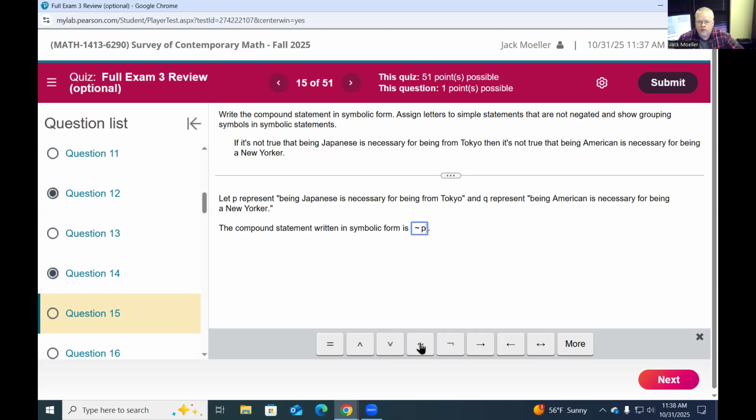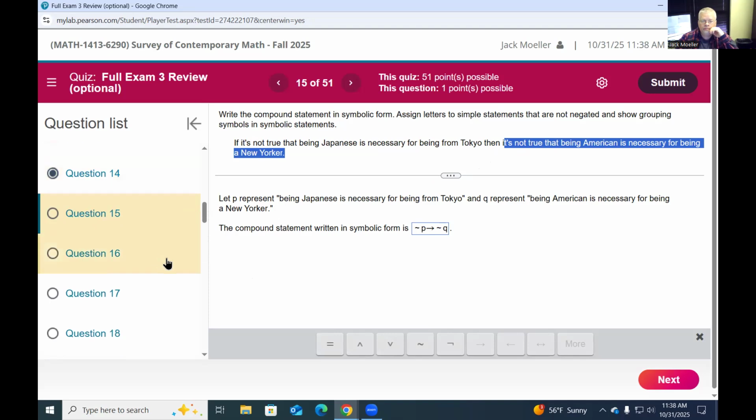So if not P, and again, we put the arrow after the first statement, but we read that as if not P, then not Q. And again, like I said, if you want to show your work on this, I talked about this in the videos. What I do is I underline the statements, and then I circle my conjunctions, like the if then. So that kind of tells me that you're tracking that.